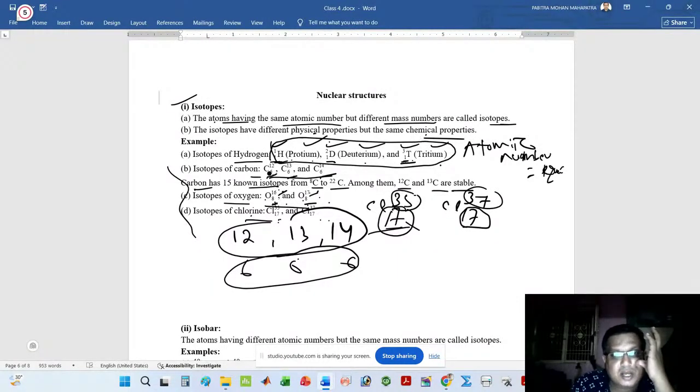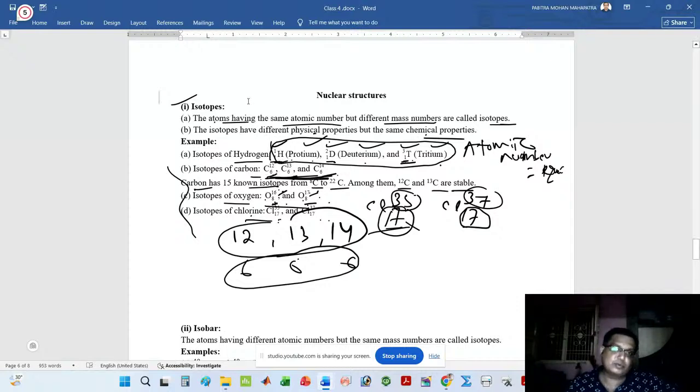If you think about the three isotopes of carbon, they have different physical properties, but the same chemical properties. In the upcoming class, I will clearly explain the isotopes.